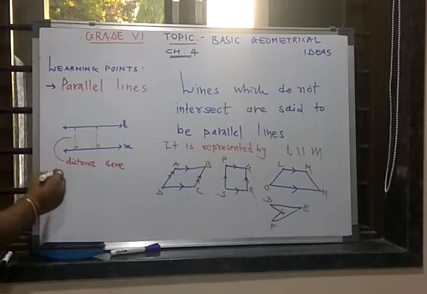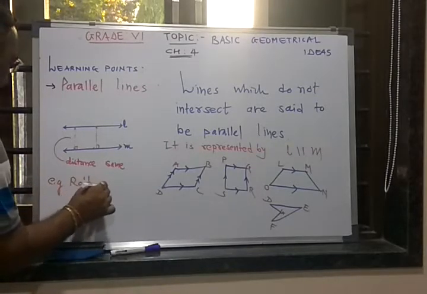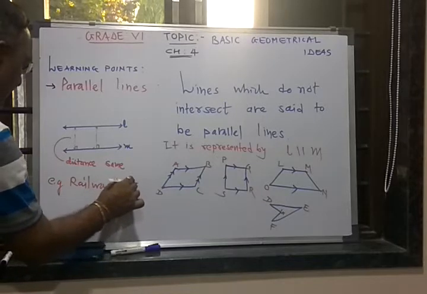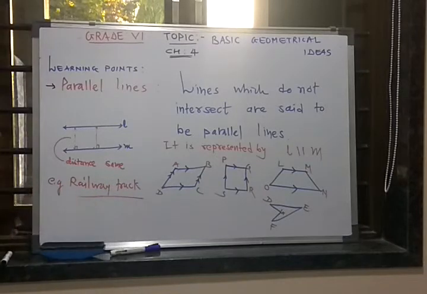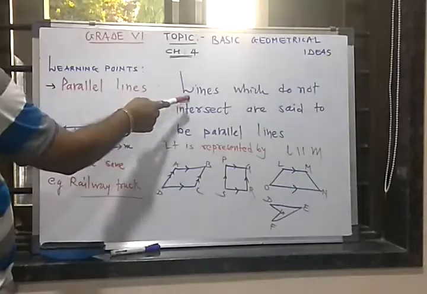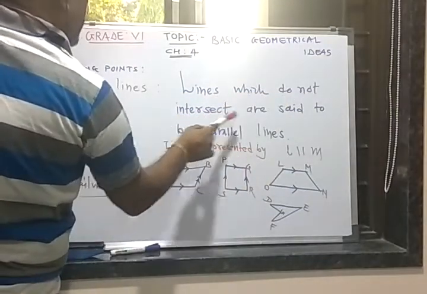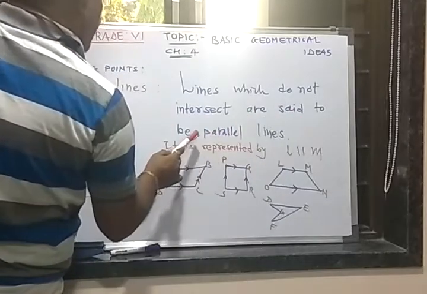Say for example, a railway track. They are the best example for parallel lines. Railway track. They do not intersect each other. So again I am saying, lines which do not intersect are said to be parallel lines.